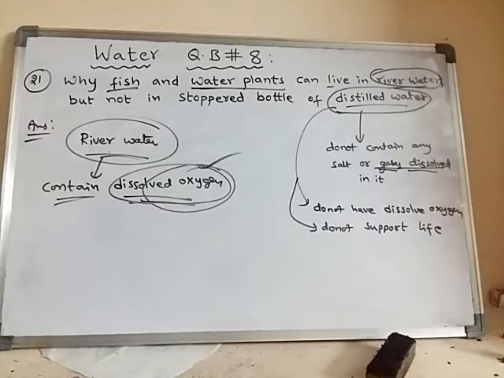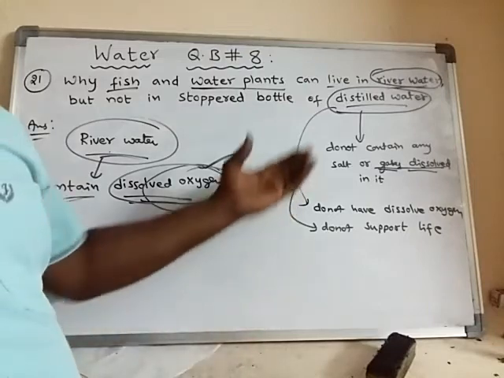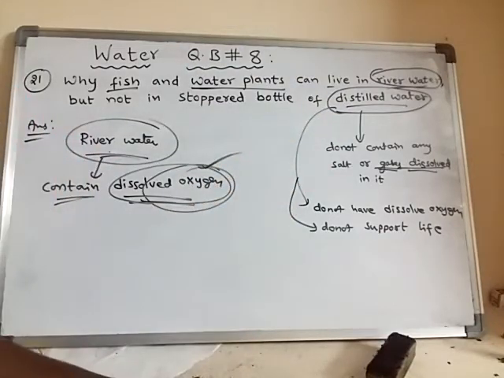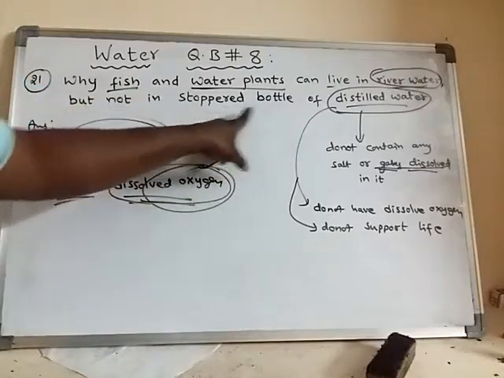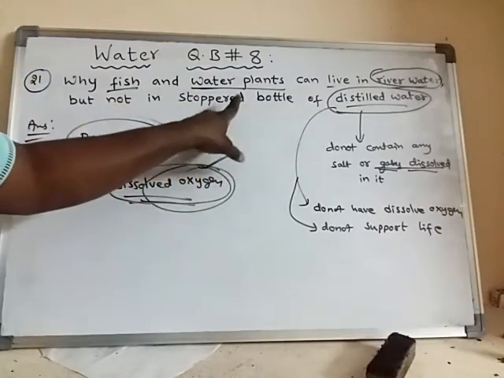They die off, as they need oxygen and that oxygen is not provided by distilled water. The same holds even if the distilled water is poured in a bottle which is stoppered.